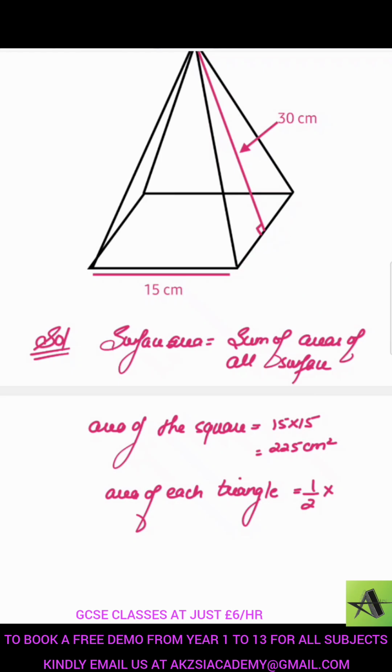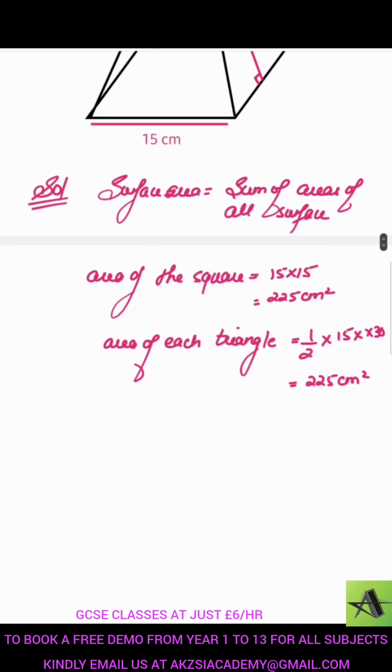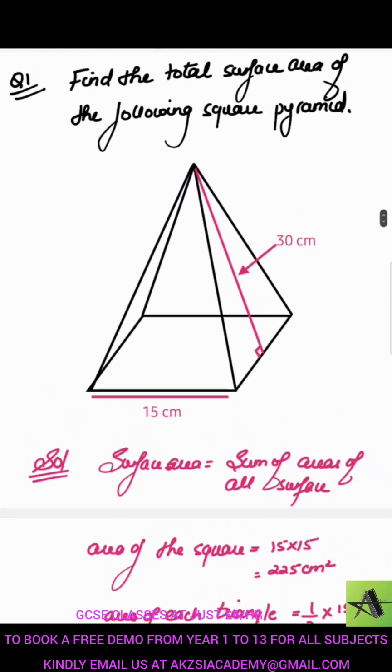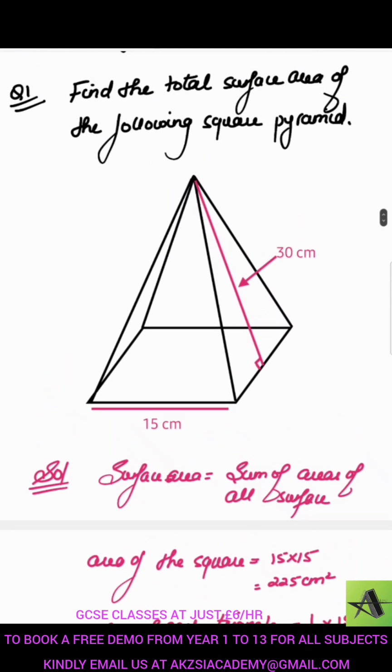So half times base times height, which is mentioned here as 30, is again 225 centimeters squared. So the total surface area would be 225 plus 225, which is 450 centimeters squared. This is how we can calculate the total surface area of a pyramid.